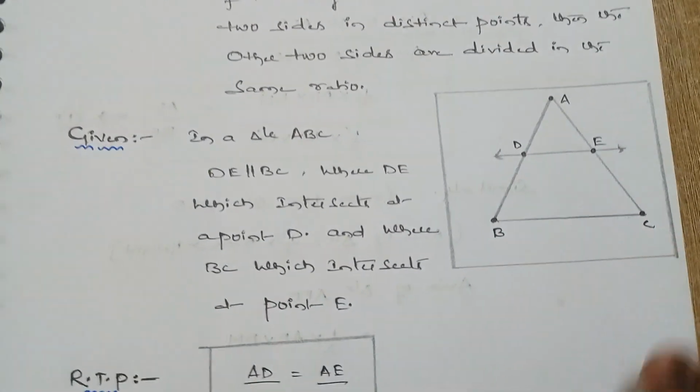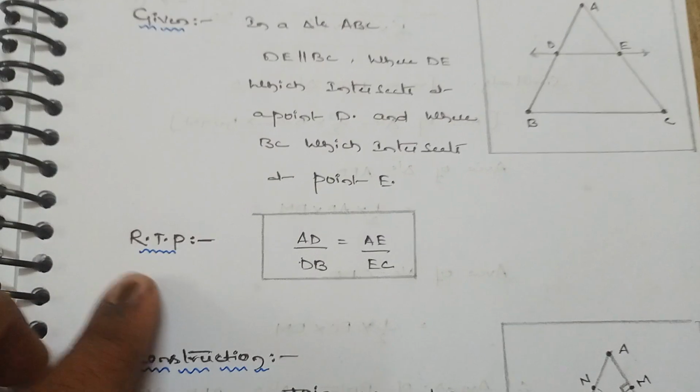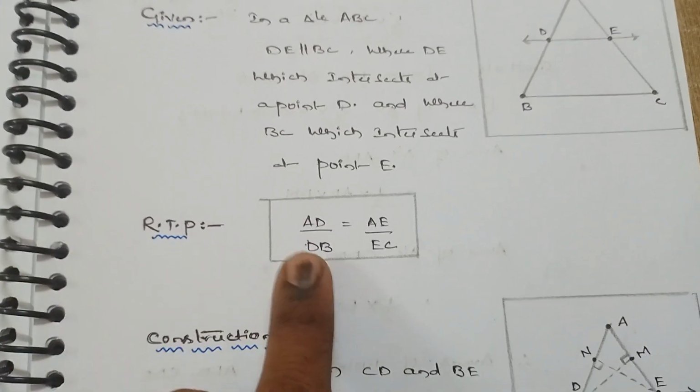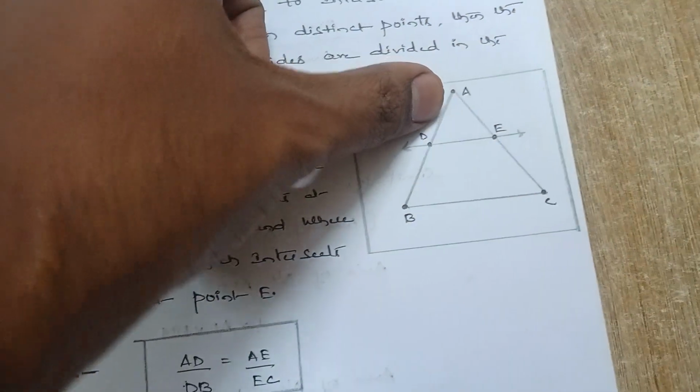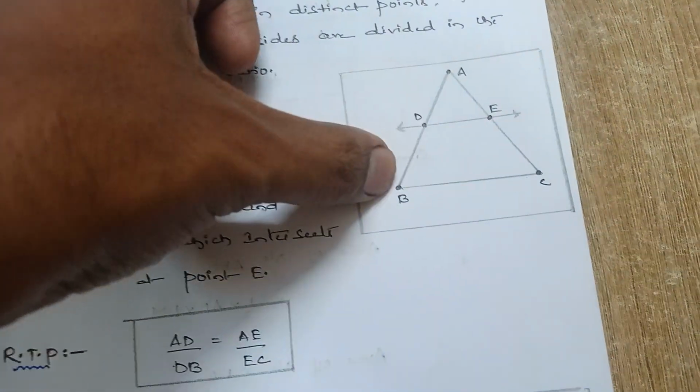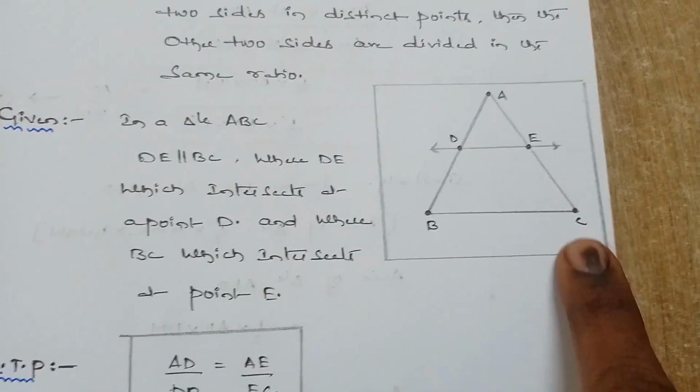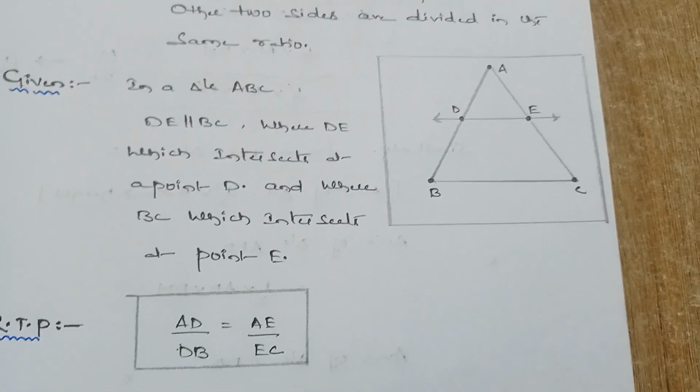Required to prove, RTP: we need to prove that AD by DB equals AE by EC.